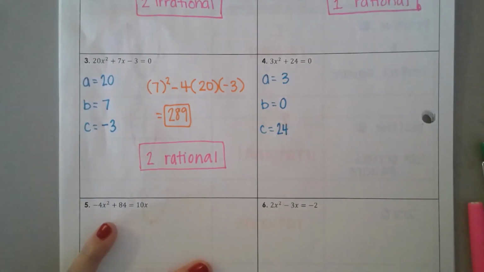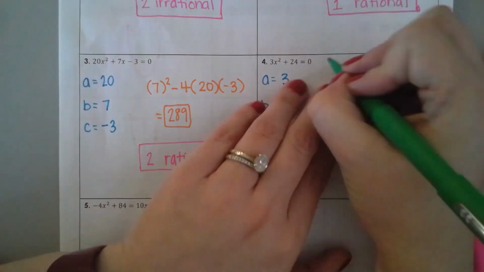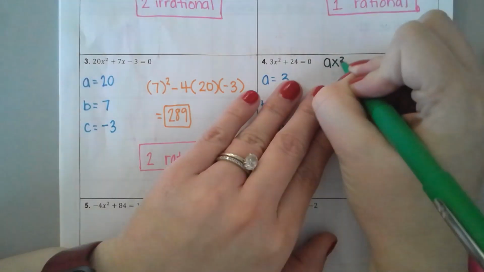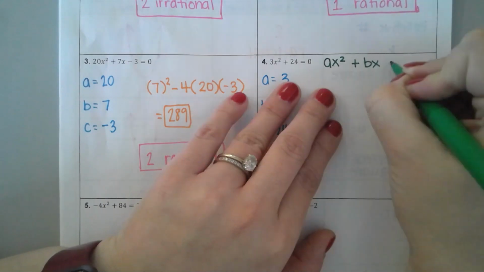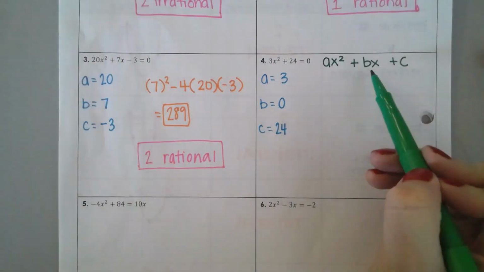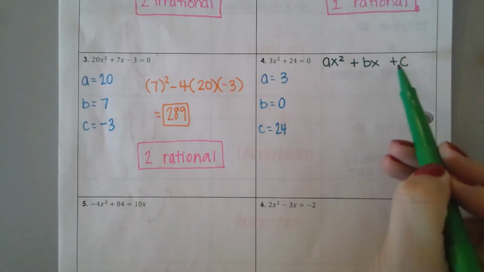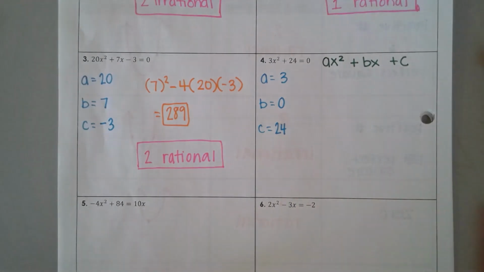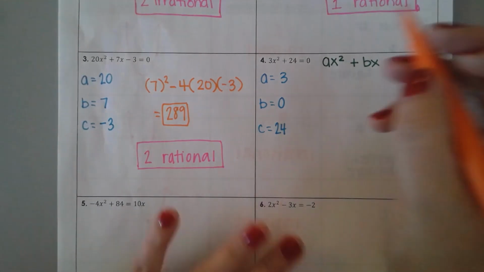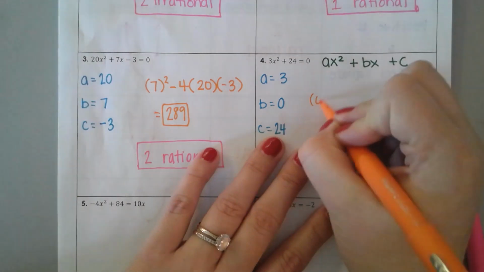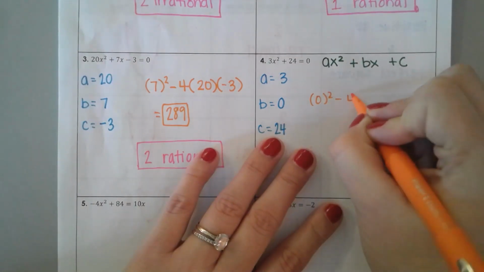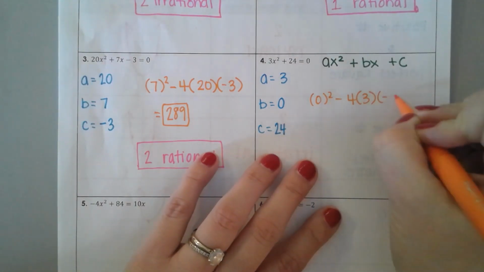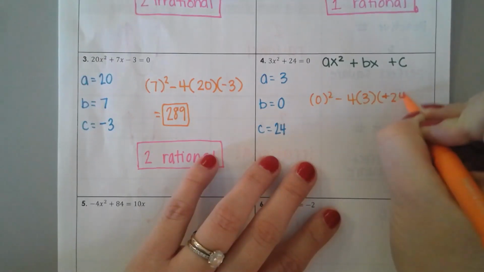When we wrote down at the beginning of this unit, we wrote AX squared plus BX plus C. B is always with your X. C is always the number by itself. Oops, I wrote negative there.